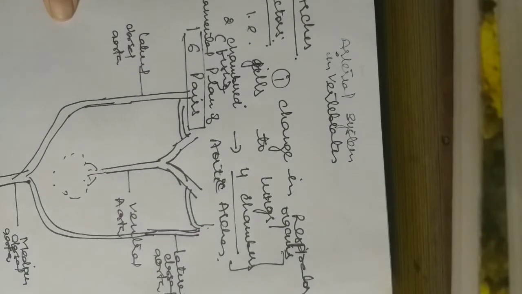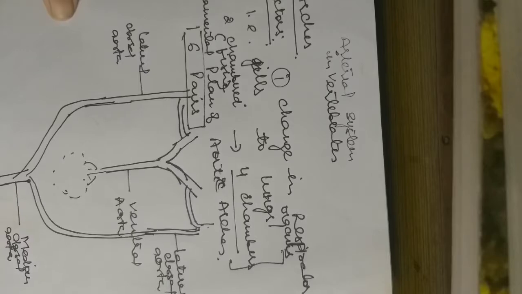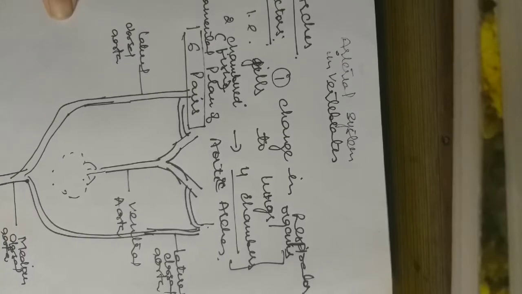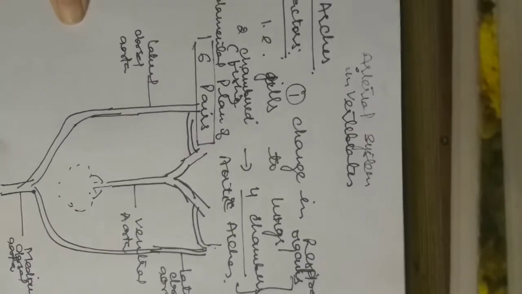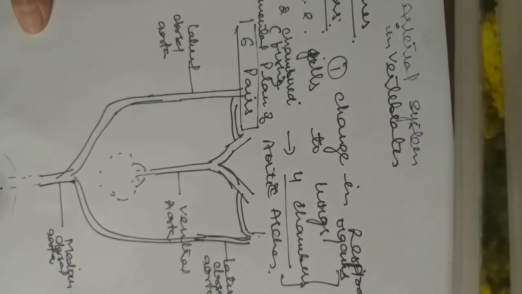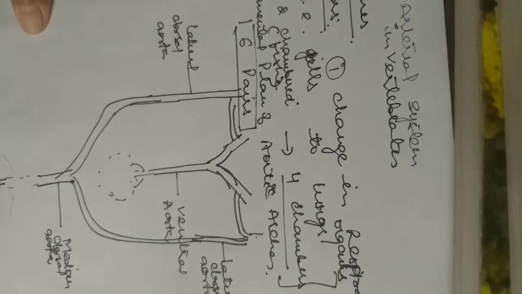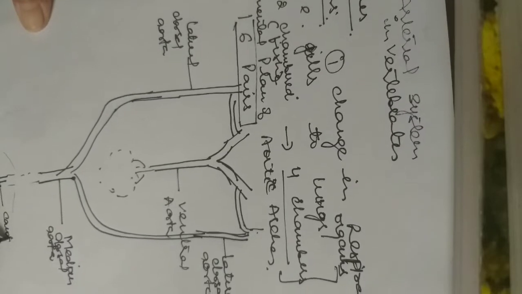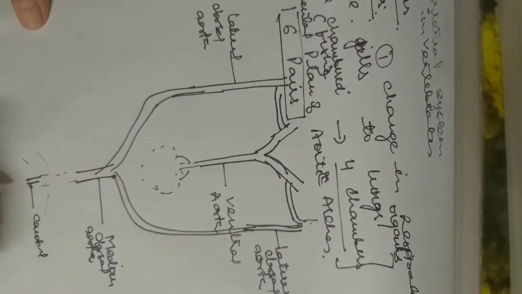This median dorsal aorta would continue backward, and on the way it would give off a number of pairs of arteries, and at the posterior end it would end as the caudal artery.